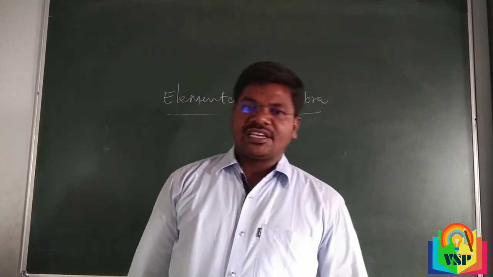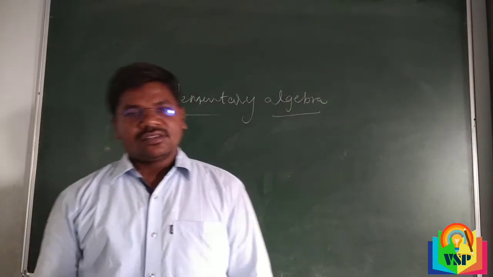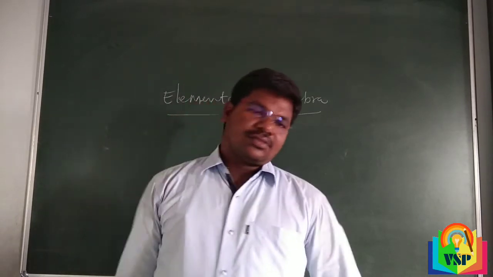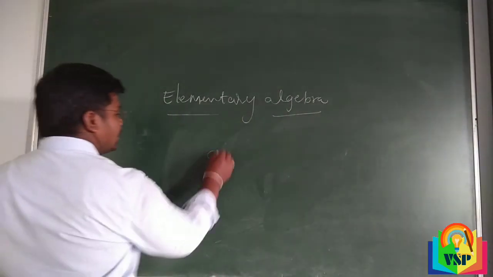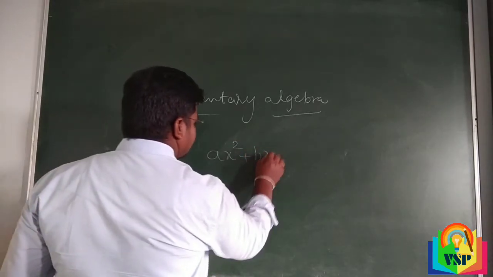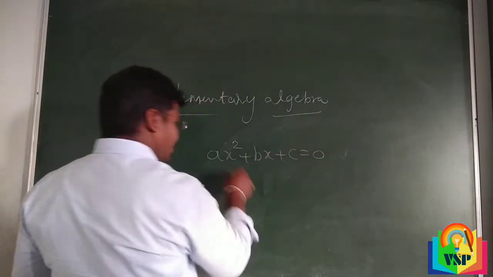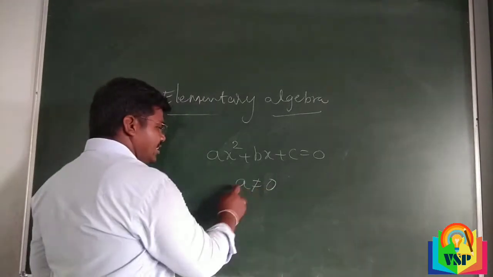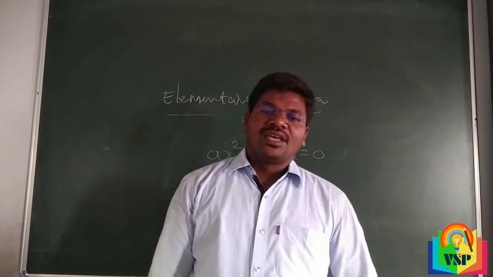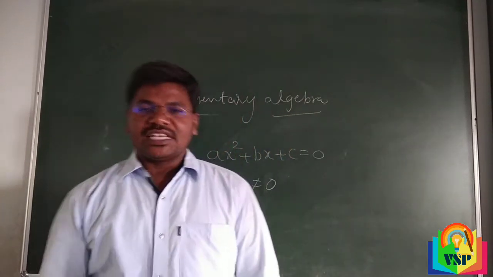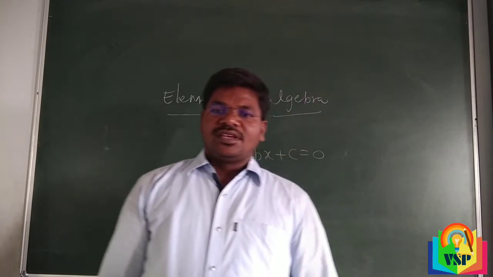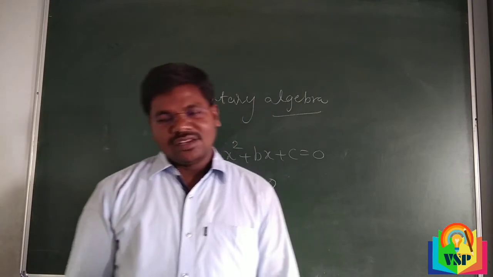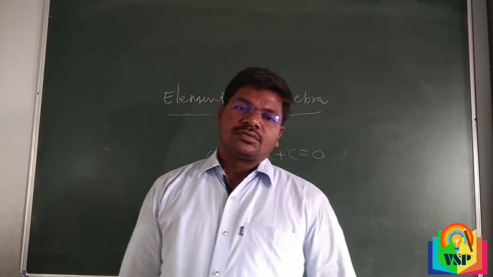The equation is ax square plus bx plus c is equal to 0, where the condition is a is not equal to 0. The equation ax square plus bx plus c is equal to 0 is the general form of a quadratic equation where a is not equal to 0.